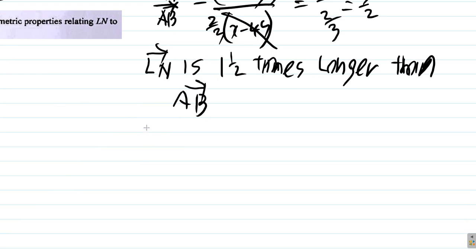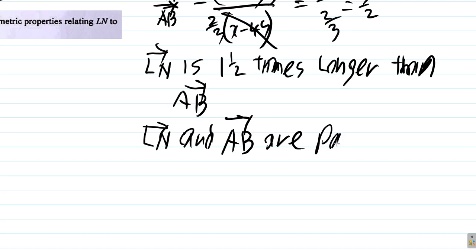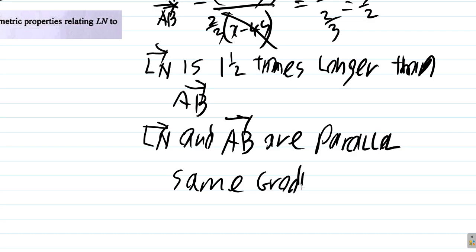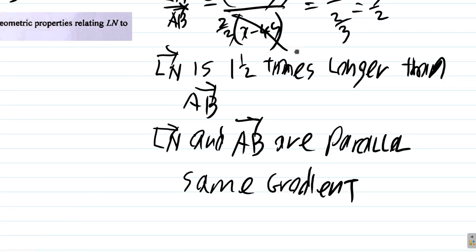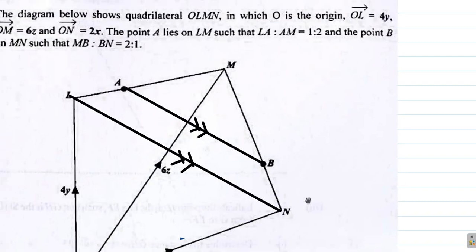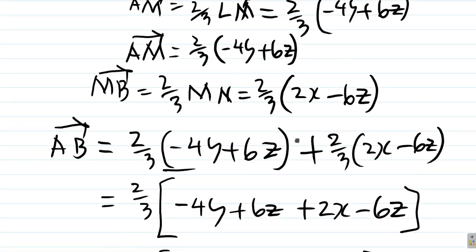And of course, LN and AB are parallel. They're parallel, right? You could also say they have the same gradient. Since they're parallel, they would have the same gradient, of course, right?